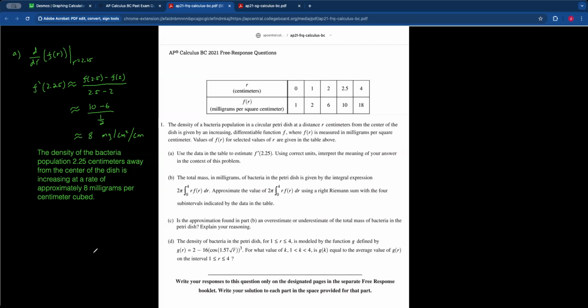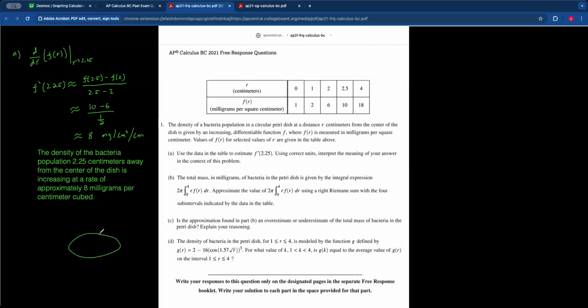Part B, the total mass in milligrams of bacteria in the Petri dish is given by this integral, 2 pi times the integral from 0 to 4 of r, the radius, times f of r dr. So let's imagine what actually happened here. Essentially, you have 2 pi r, which is the circumference of a circle.